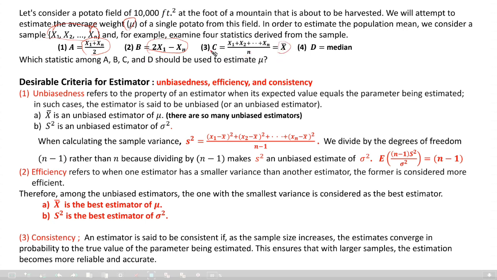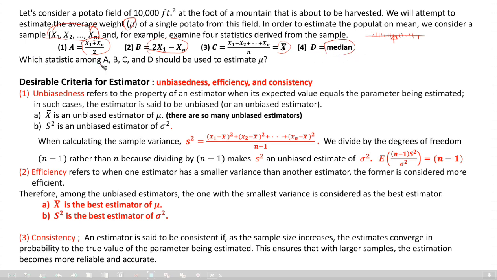X bar. Person C likes to use X bar to estimate mu. Person D likes to use the median. The median is when you arrange the samples in magnitude, the center of this arrangement is the median, right? Person D wants to use the median as an estimator.